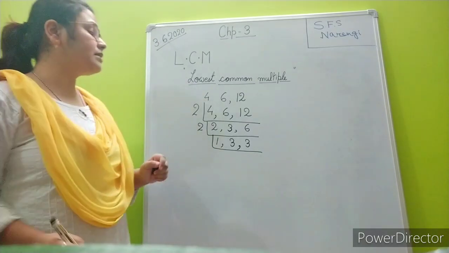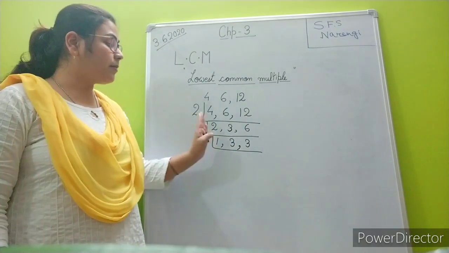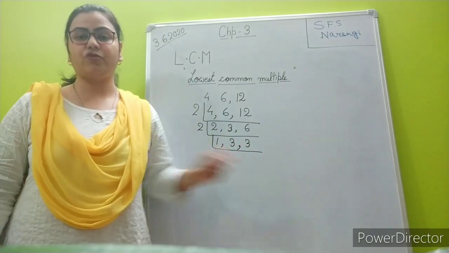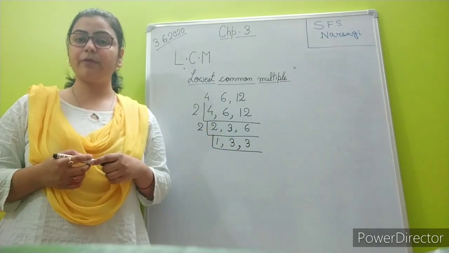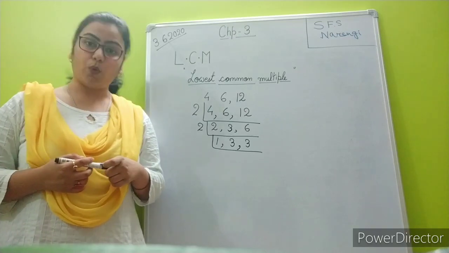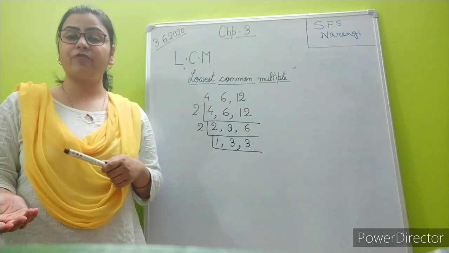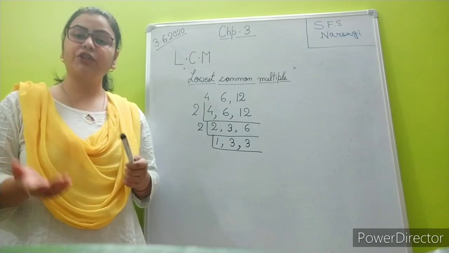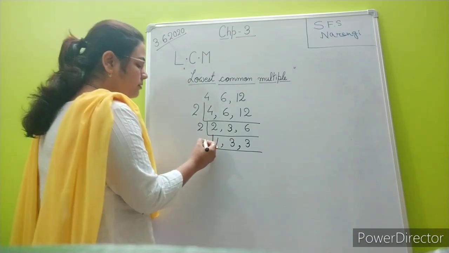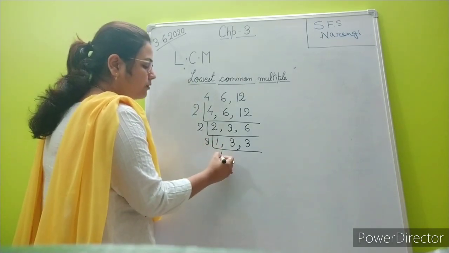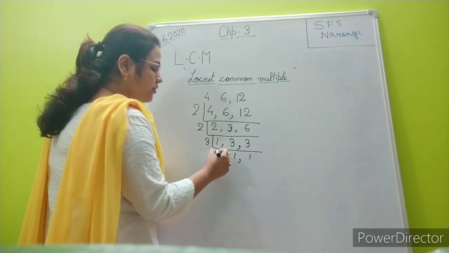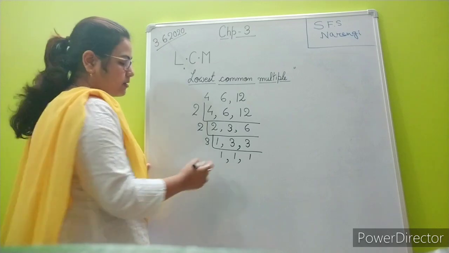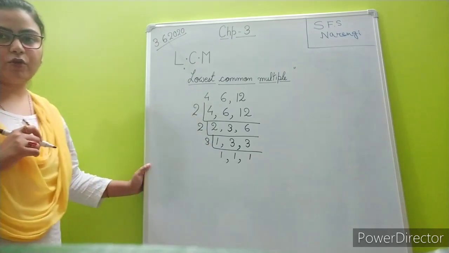Now, tell me, we have the numbers 1, 3 and 3. Is any of them divisible by 2? No. So which is the next prime factor? Prime number 3. 1 will remain 1, 3 ones are 3, 3 ones are 3. Right? So now, what have we got?